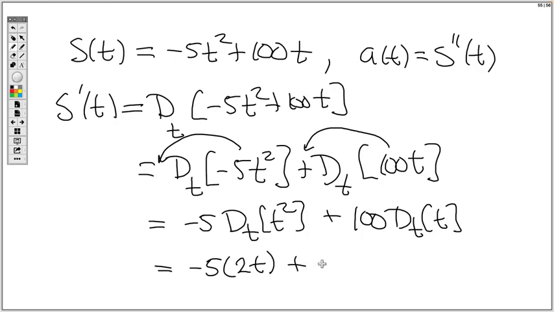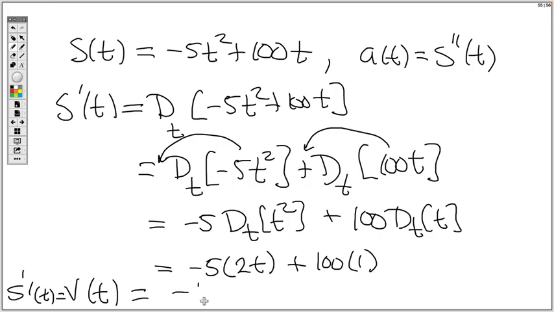What's the derivative of t? So this s prime of t, aka the velocity, is minus 10t plus 100. Any questions on getting the first derivative here?